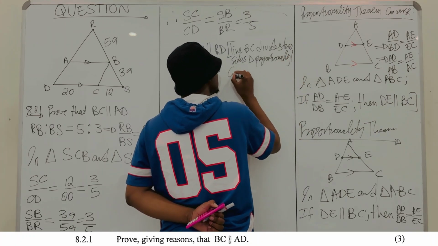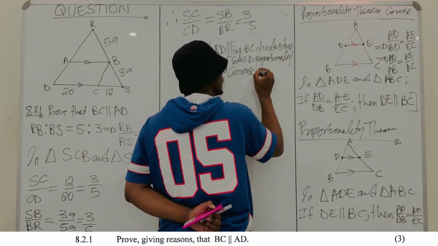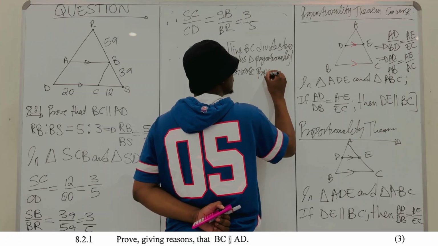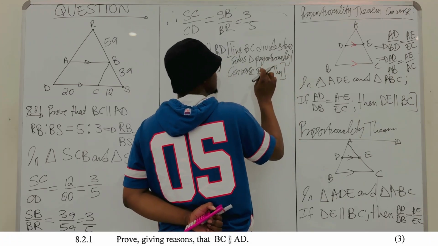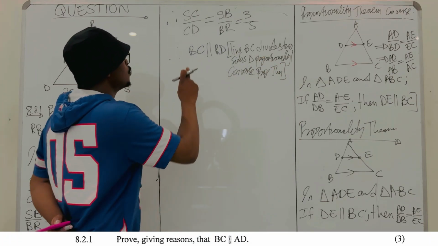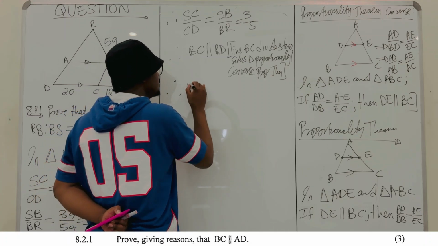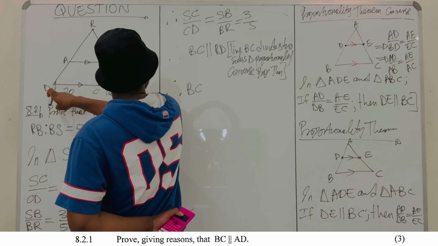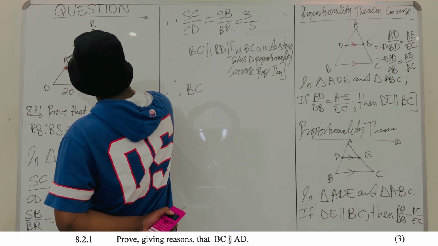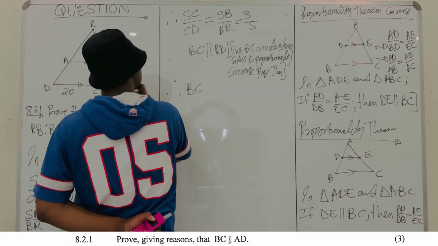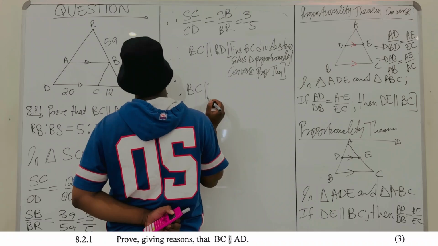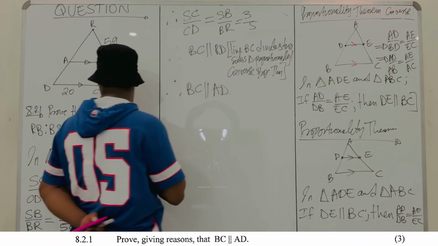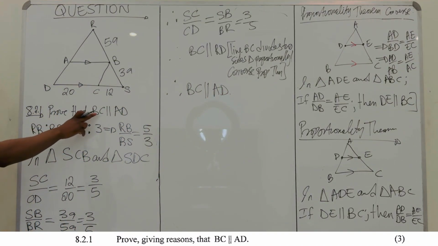Or if you want, you can say this is the converse of the proportionality theorem. You can say this or that. So therefore, if your BC is parallel to RD, you can say that AD, which is part of RD, will also be parallel to BC, which is what they wanted you to prove over here. And we're done with 8.2.1.